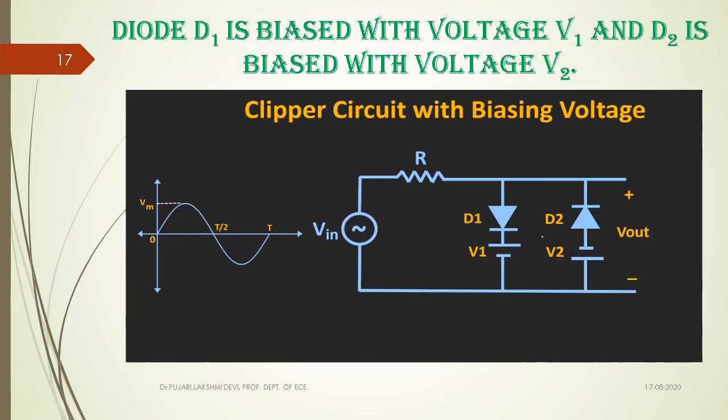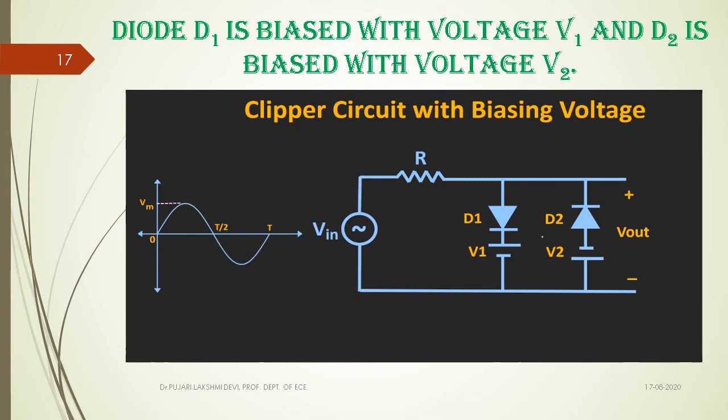Next, a clipper circuit with biasing voltages, but two different biasing voltages with the parallel connection of two diodes. How does it work and how will we have the output waveform? First you have to analyze, then I'll show you the output waveform. Diode D1 is biased with a particular voltage V1, whose positive terminal is connected to the cathode of diode D1.